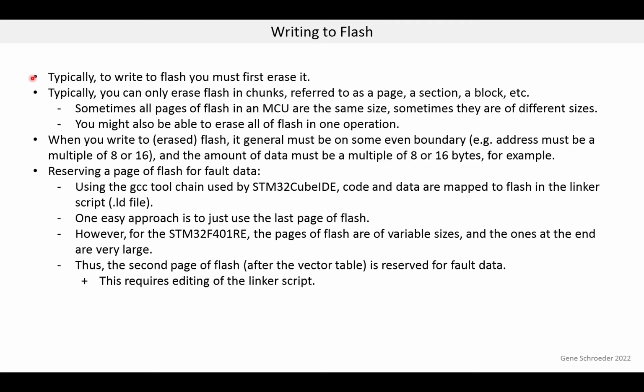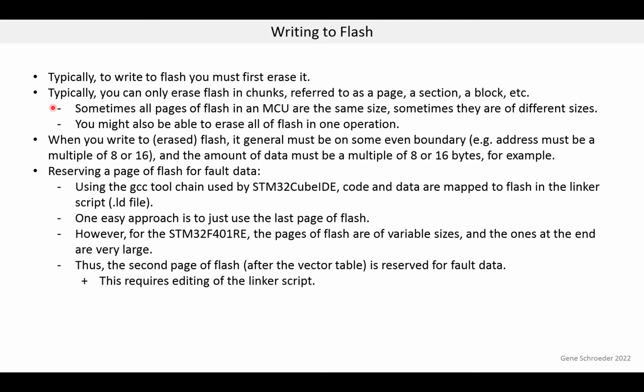So typically, to write to Flash, you have to first erase it. It's not like RAM where you can just overwrite a value. Typically, you can only erase Flash in chunks, referred to sometimes as a page, sometimes as a section or a block. Sometimes all the pages of Flash in the MCU are the same size, and sometimes they're different sizes.